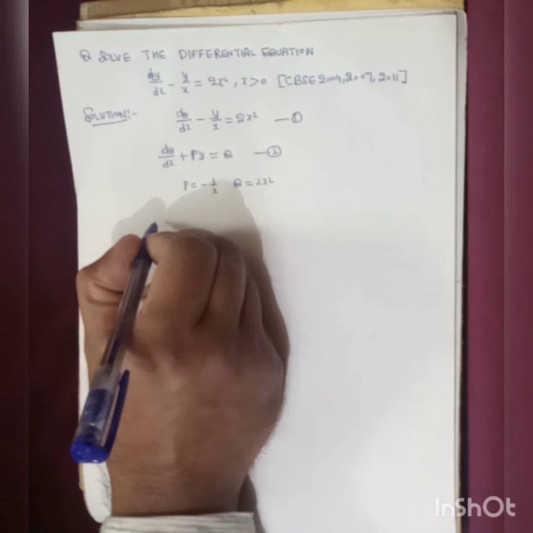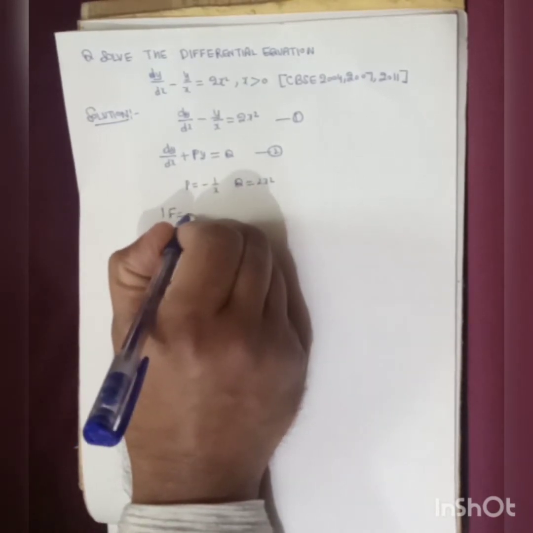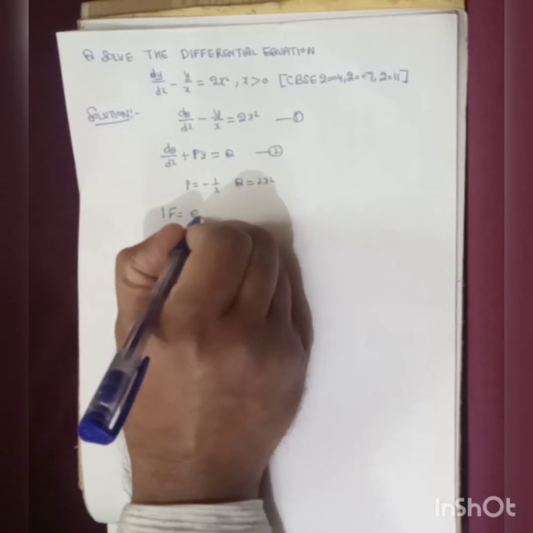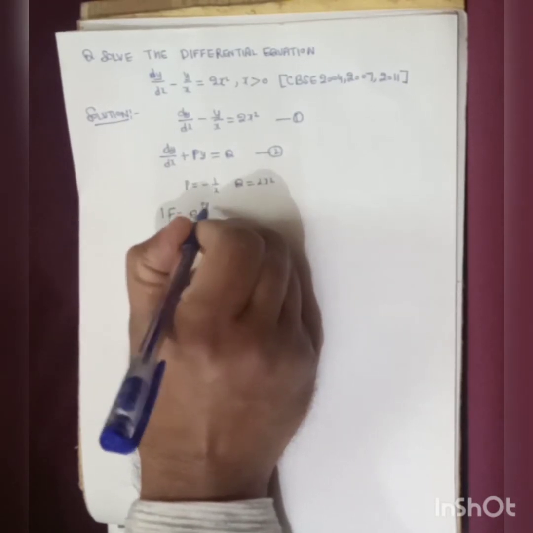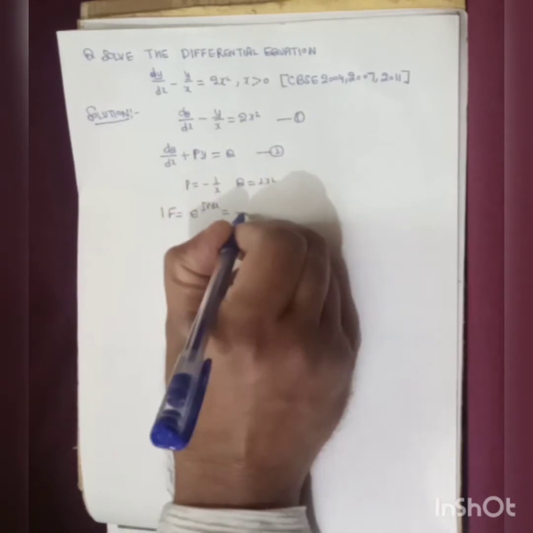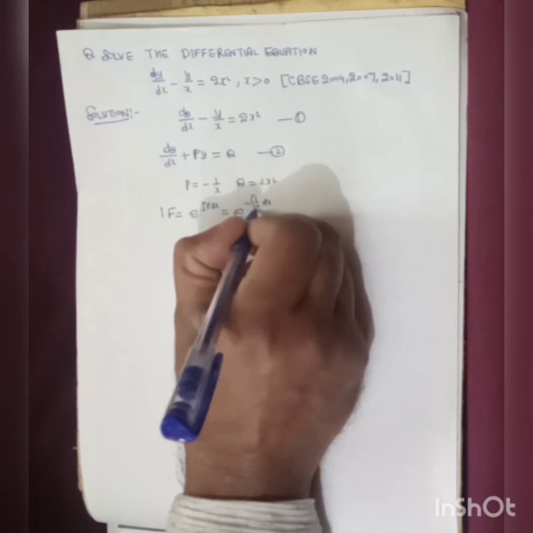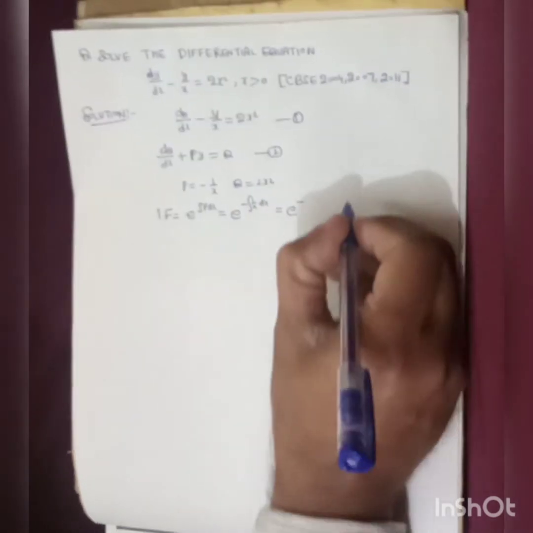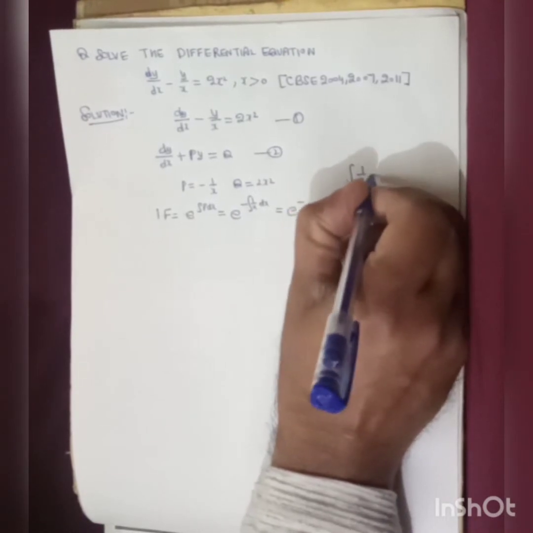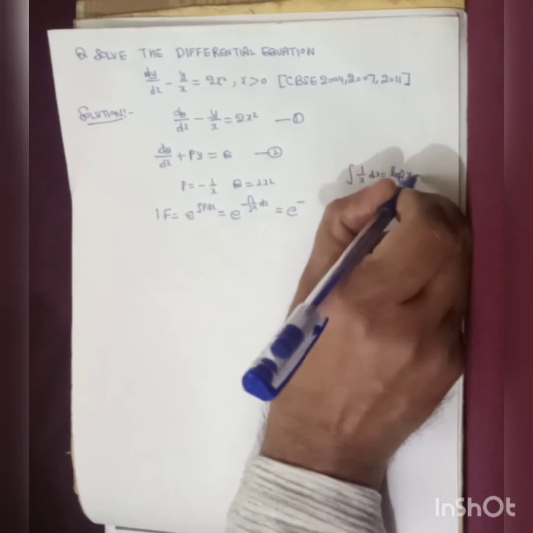The integration factor IF is equal to e to the power integral of p dx. So it will be e to the power integral of minus 1 upon x dx. We know that the integration of 1 upon x dx is equal to log x plus c.